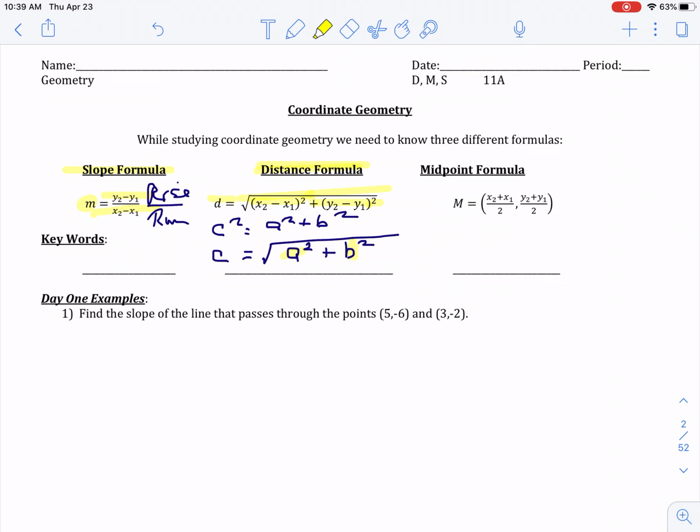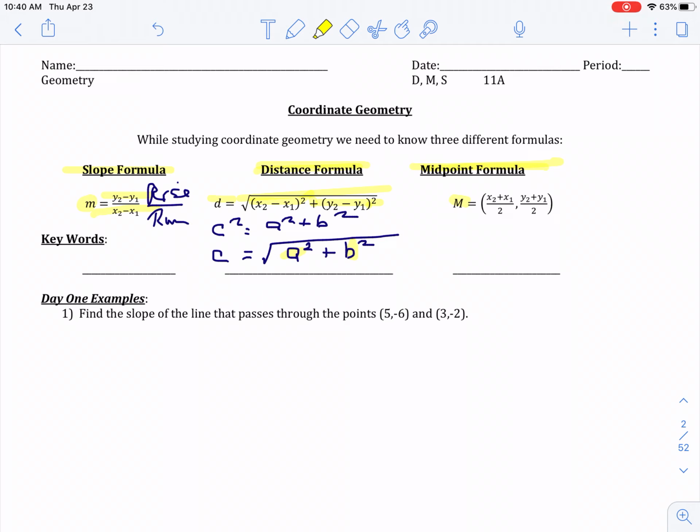Okay, the third formula is the midpoint formula. So what is the midpoint of a line? Again, we can do it graphically, but sometimes it's more efficient to know the formula. The basis of the formula is we want to get to the middle of a line. So the midpoint is equal to, you're going to have 2 points in a coordinate system.